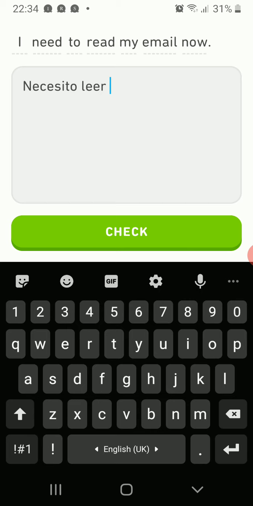Necesito leer mi correo electrónico ahora.